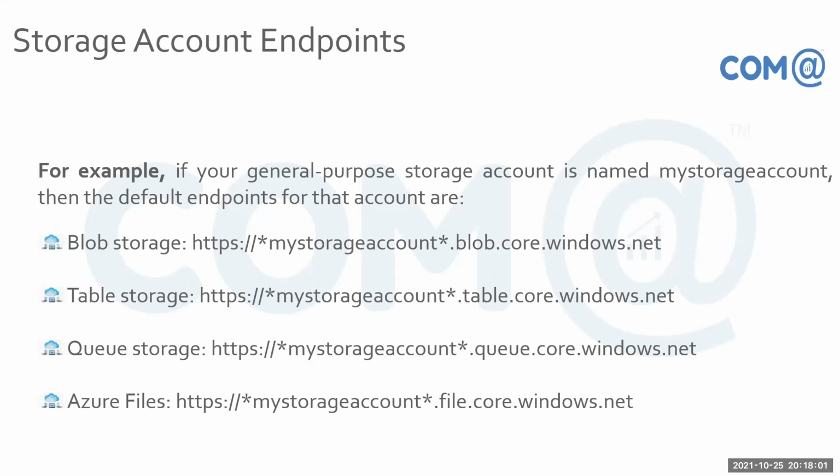On the screen you can see the URLs for blob storage, table storage, queue storage and Azure Files. Using the URL, anyone can get connected to the respective storage, provided the user who is accessing the storage has the appropriate credentials.